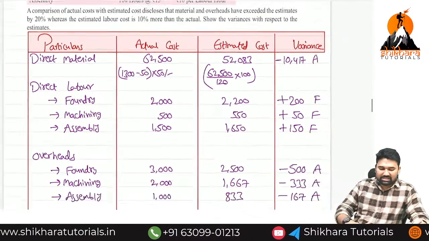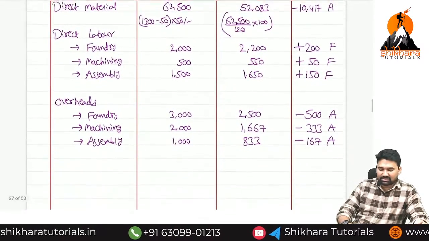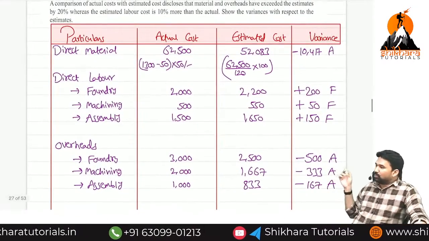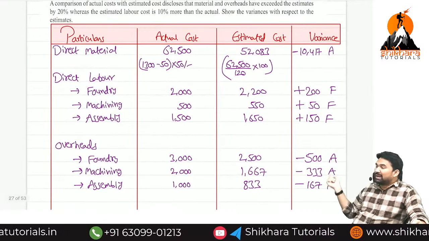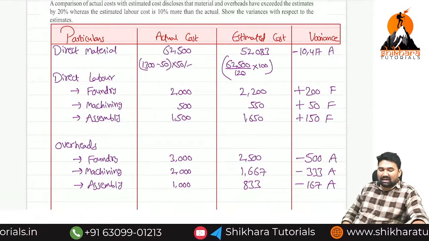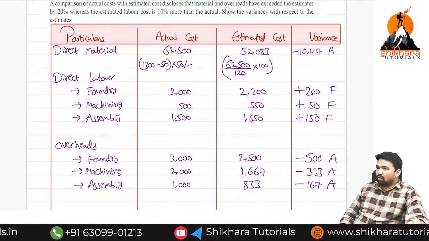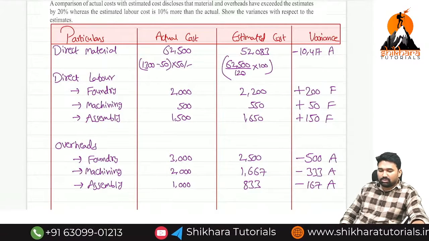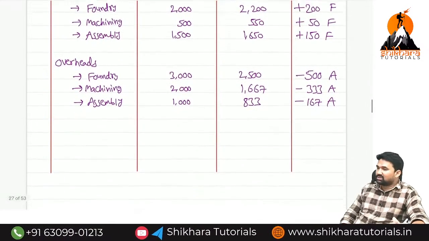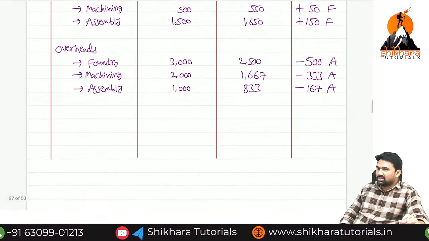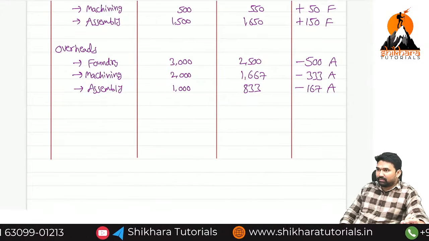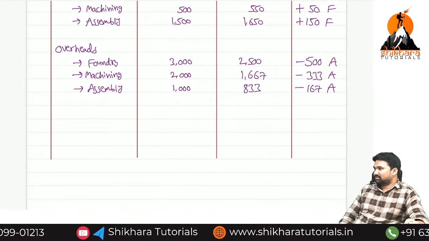So these are the variances. How we have given the plus sign, how we have given the minus sign, and why A is used, why F is used. Did you really understand the concepts? This is the meaning of variance.